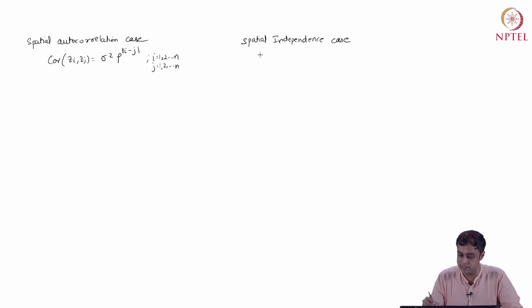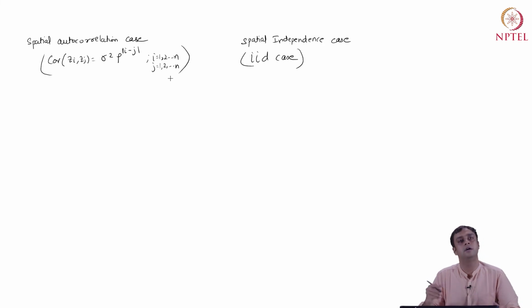So we have seen these two cases, which is nothing but the IID case. We have just seen both the cases: spatial dependence and spatial independence. So IID and spatial dependence.